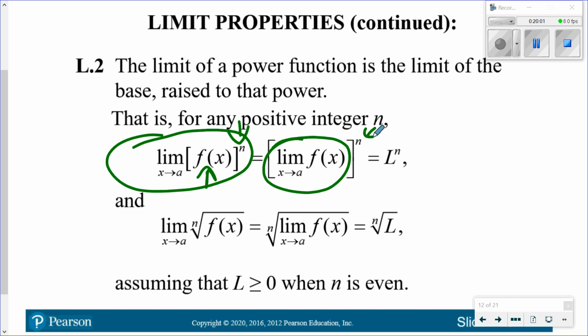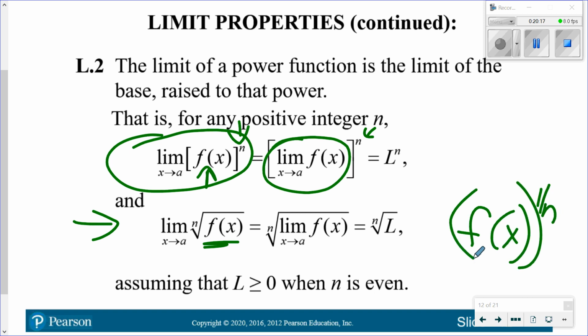The same is true for radicals, because remember, radicals are just rational exponents, so they are still power functions. If I rewrote that, that would be f of x to the 1 over n. So radicals and powers are the same thing. We just rewrite them.